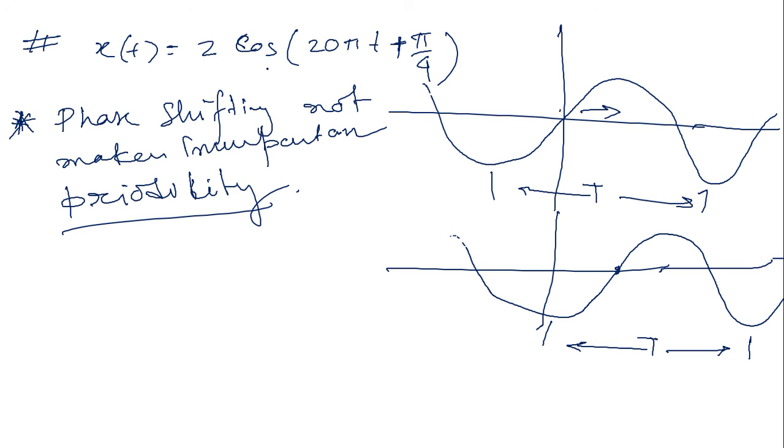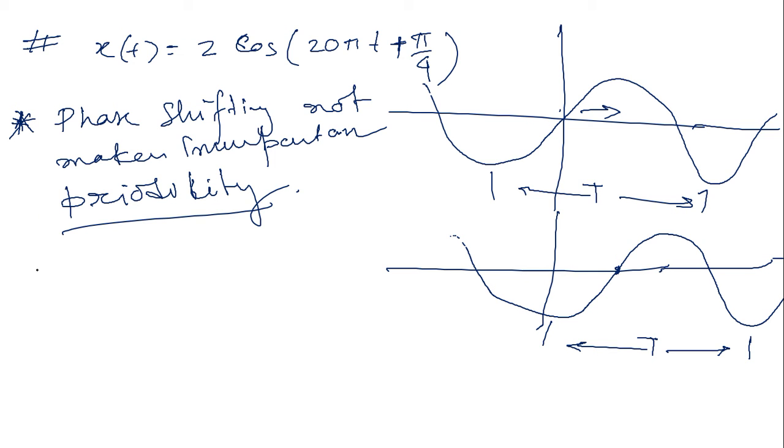If the time period has a square root, this is not a periodic signal. And if omega is not given with pi, that is also not periodic. I am coming to a different example.